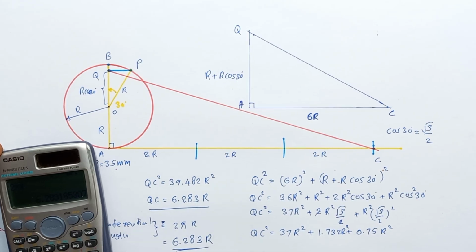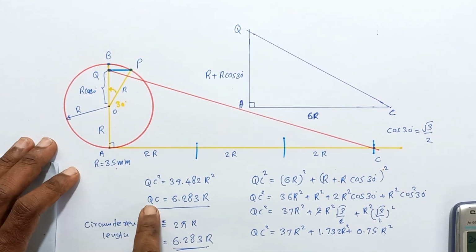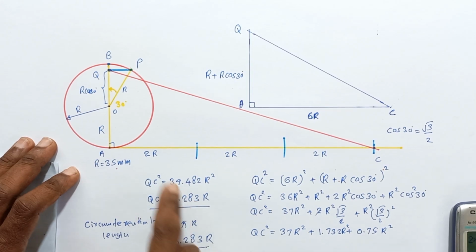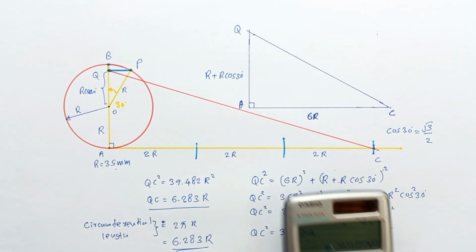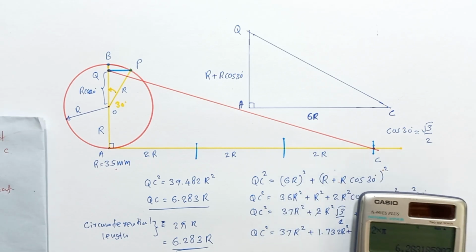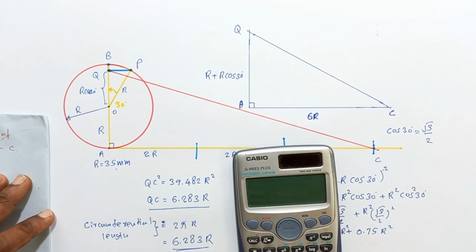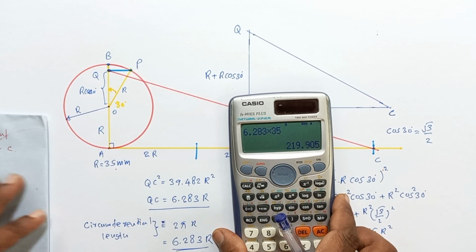You can see this value is equal to the geometrically constructed value. Let me take this value. Let's check whether this line length is equal to this value. Here 6.283 into the radius 35 is equal to 219.9.